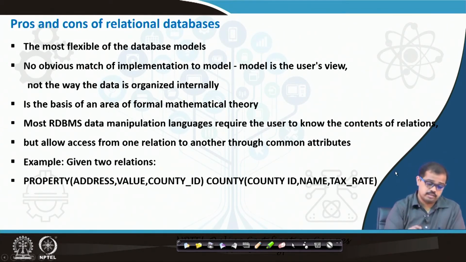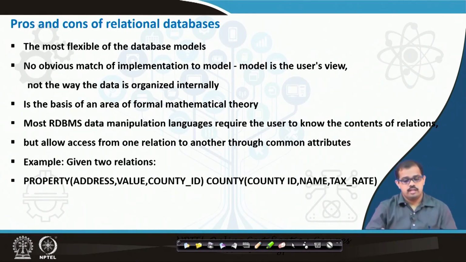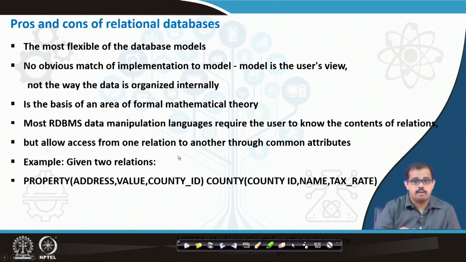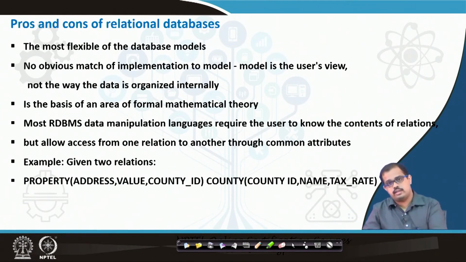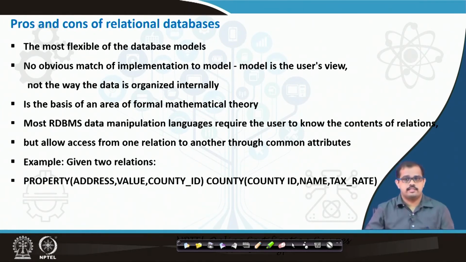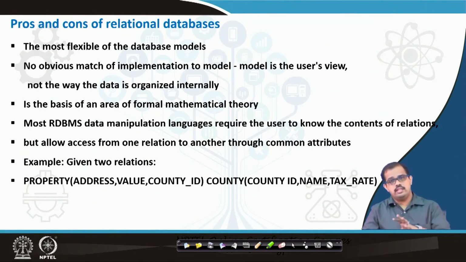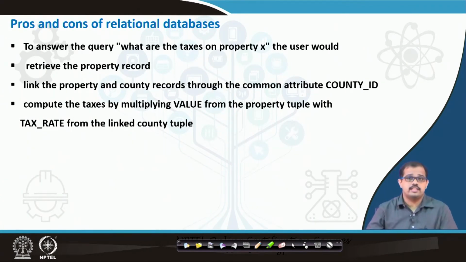But if a person wants to know the details of the country where the property is located and the details of the property, then both of these tables can be related using the key that is common in both. In one place it's a primary key, in the other place it's a foreign key. Based on this, you join the tables and provide the output. So that's how the relational database works.